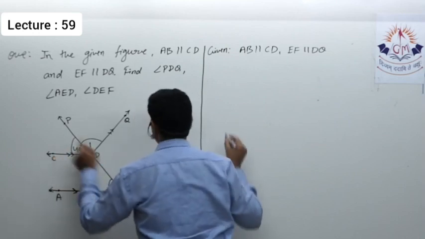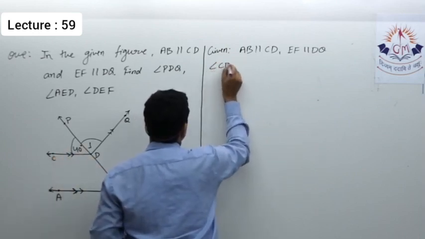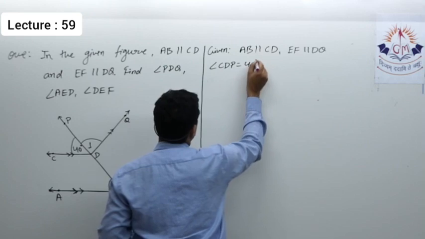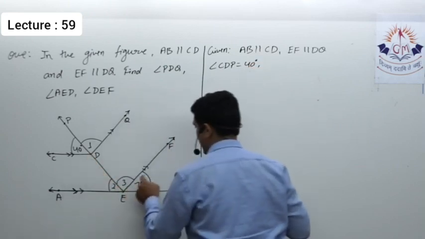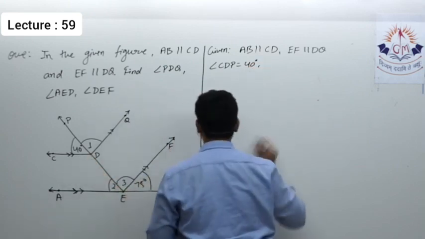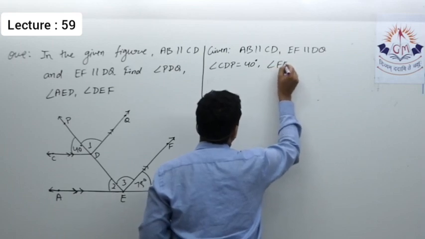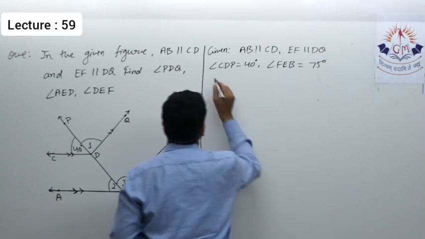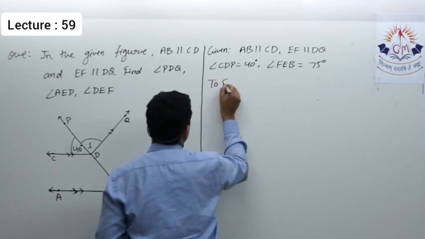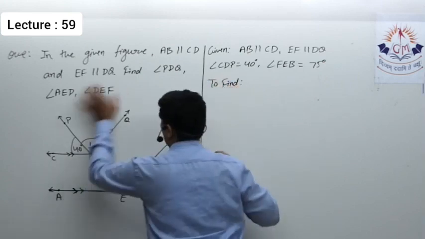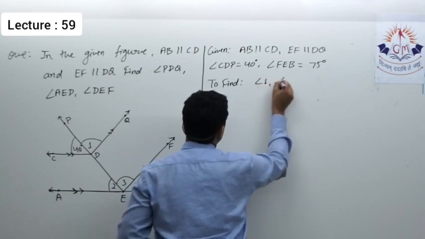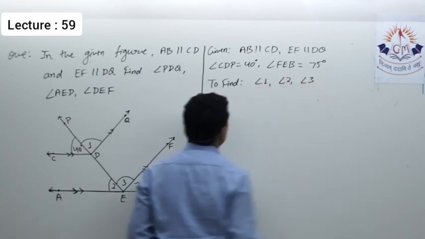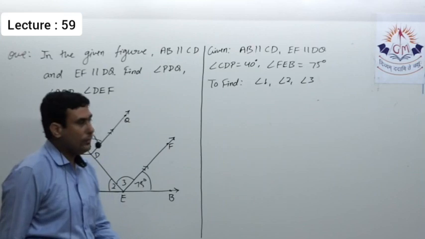Angle CDP is equal to 40 degrees, angle FEB is equal to 75 degrees. That is given. To find, I am not writing these angles, I am just writing angle 1, angle 2, angle 3. To find means we have to find the measure of those angles.